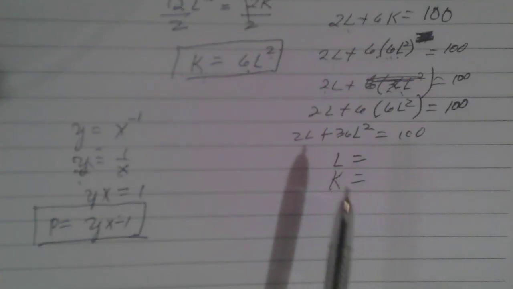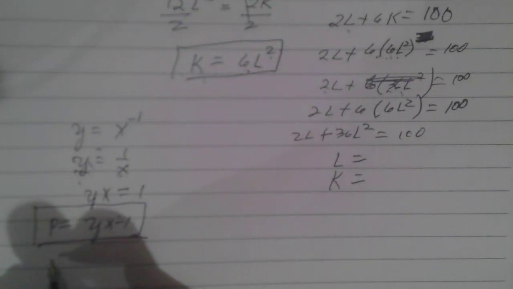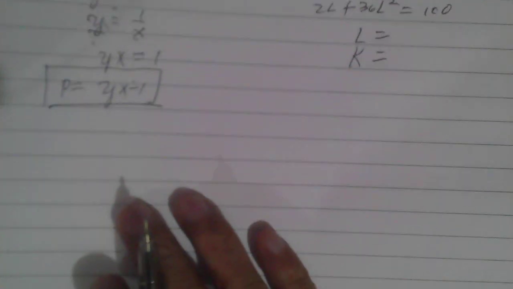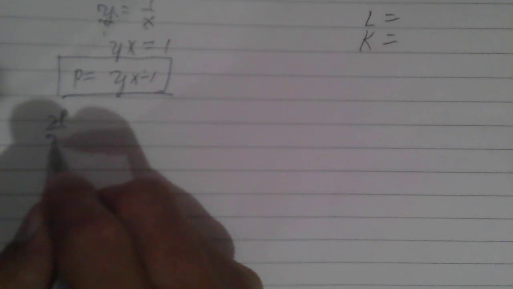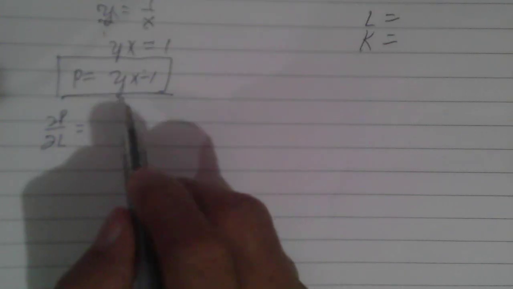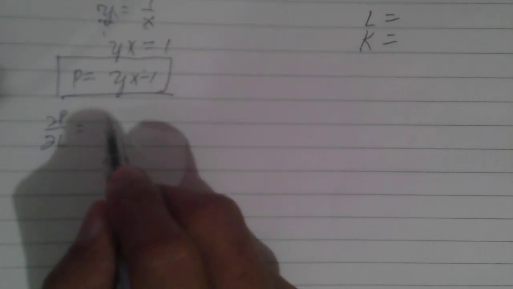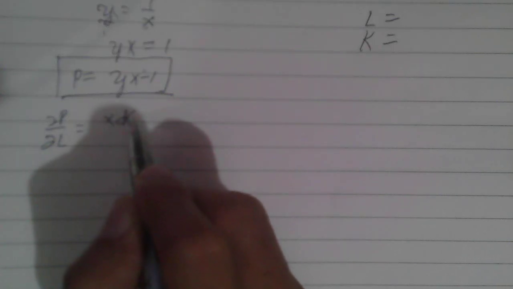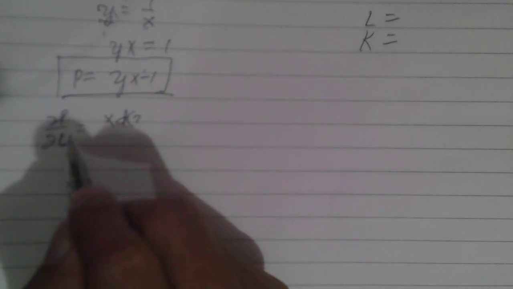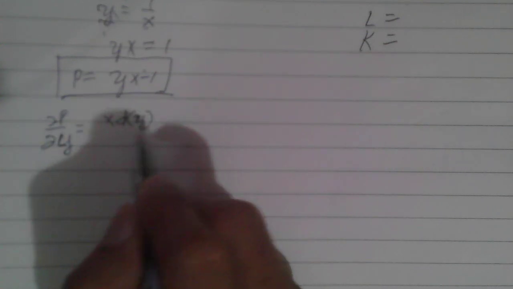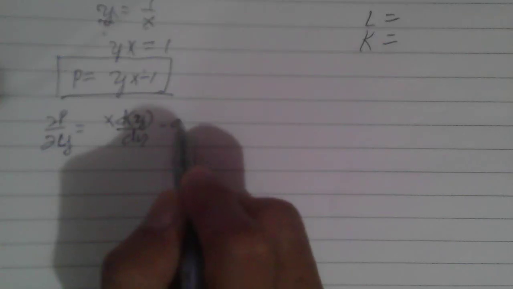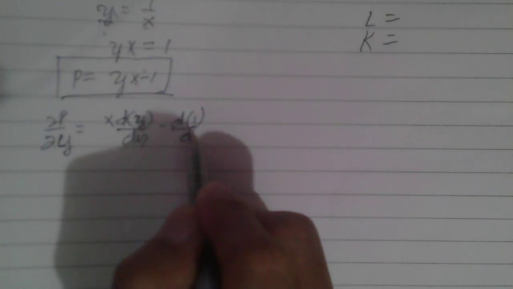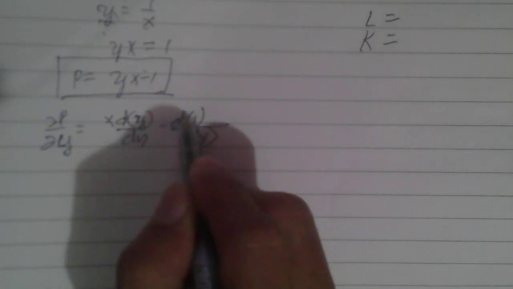So what do you do? Take the partial derivative, which makes the equation simple to differentiate. The partial derivative with respect to L, therefore K, x is constant. So if x is constant, that is x times the derivative of y. The derivative of a constant is 0, 1 times x.